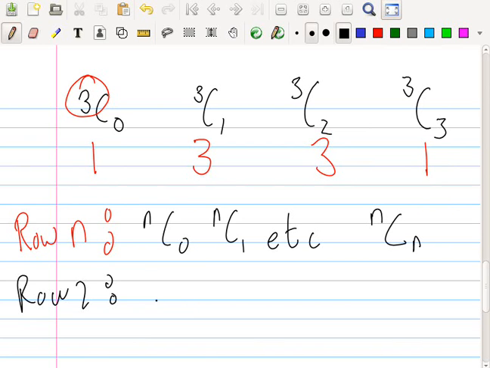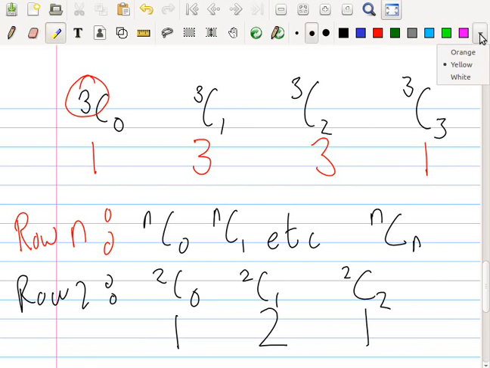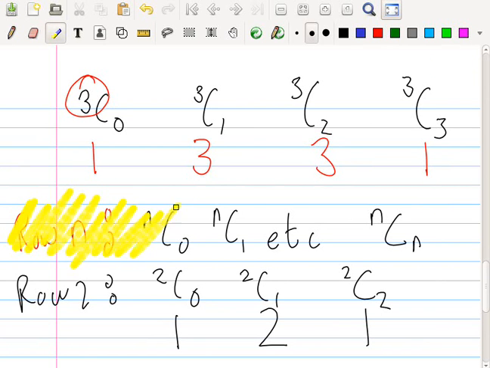So row 2 would be 2C0, 2C1, and 2C2. Taking out the calculator, this will be 1, then 2, and then 1. So that is an important, very useful result. Row n can be found this way.